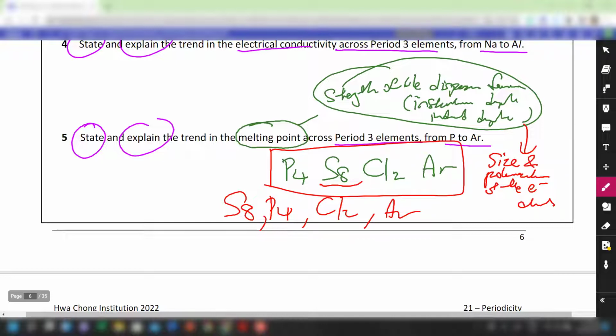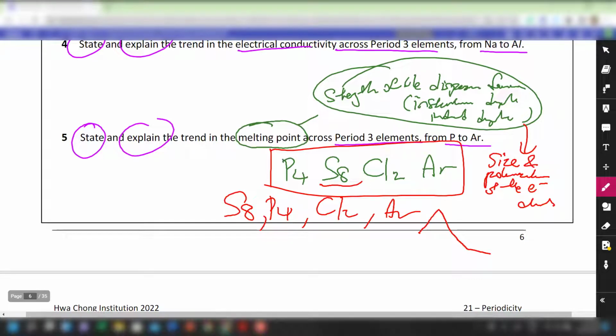So I would say P4 will have a lower melting point than S8, so in this case S8 will be the highest, and then the trend will go from P4 to S8, and then it will drop all the way to Cl2, and then after that to argon. Okay, something along those lines.